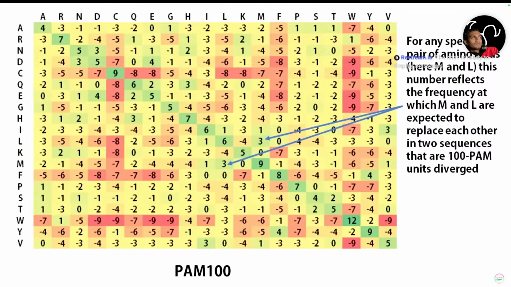For any specific pair of amino acids, like here M and L, this number included in the PAM 100 matrix reflects the frequency at which M and L are expected to replace each other in two sequences that are 100 PAM units diverged.